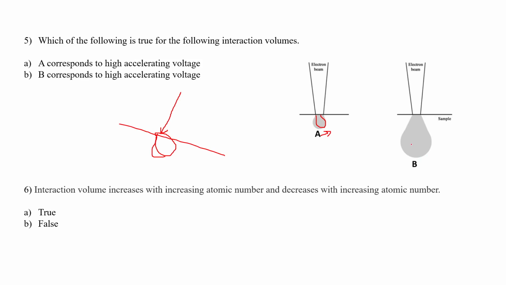Lower atomic number means low number of electrons, which means less repulsion between the electrons of the atom and the incoming electron beam. As a result, the interaction volume will be much higher in the lower atomic number case. So this is low Z and A1 is high Z. Got it?